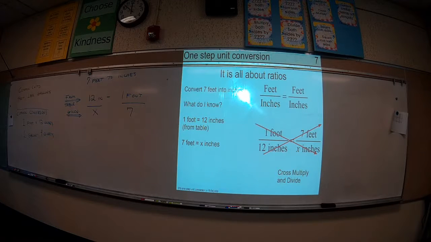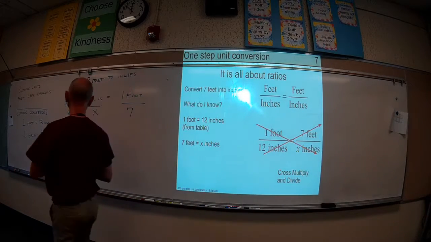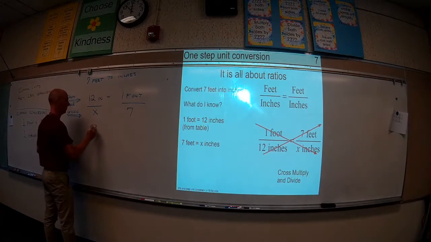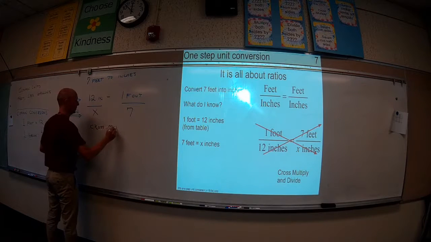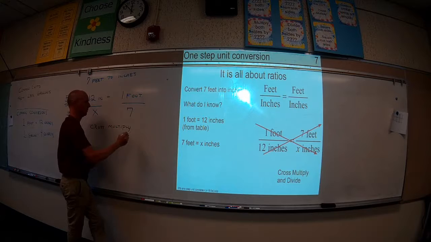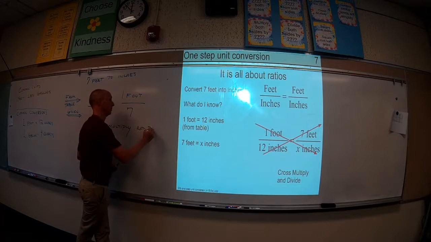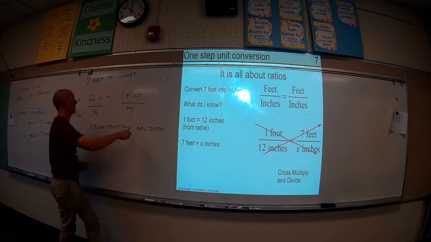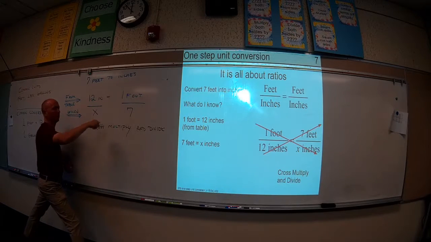You've got a tool to solve this. What's the tool called? Your brain. Cross multiply and divide, and it's going to give you the answer. Go ahead and finish that off. Okay, is that 84?